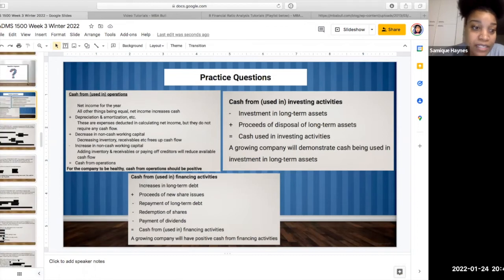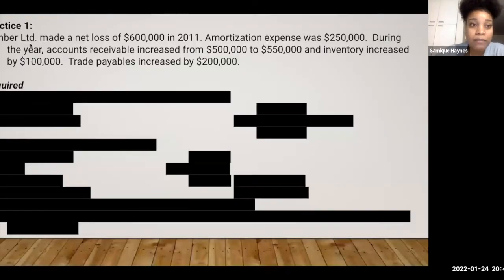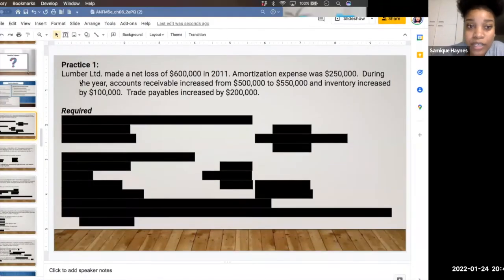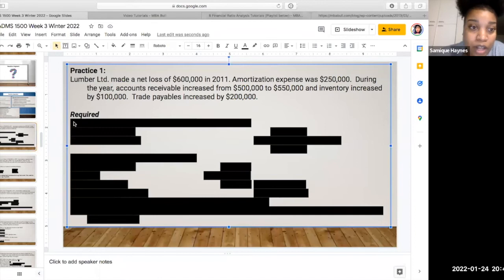And then we have some questions down here that we can work on quickly before we take a break, okay? So Lumber Limited made a net loss of $600,000 in 2011. And amortization expense was $250,000.